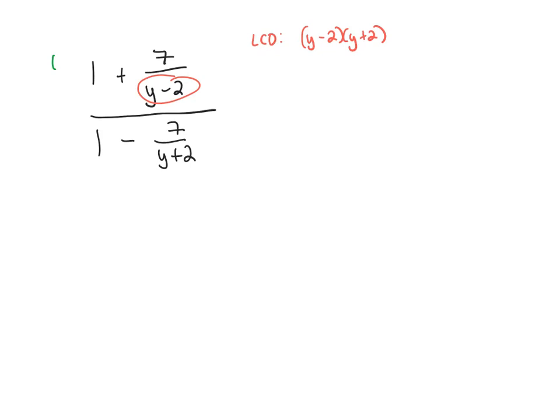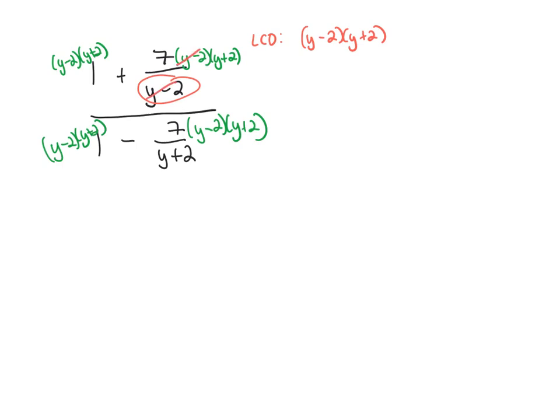So our goal is to multiply everything by (y minus 2)(y plus 2). So I'm going to multiply (y minus 2)(y plus 2) to the first term. And remember, we just always put this in the numerators. And then, hopefully, if we've done this correctly, all the denominators will cancel, and they will.